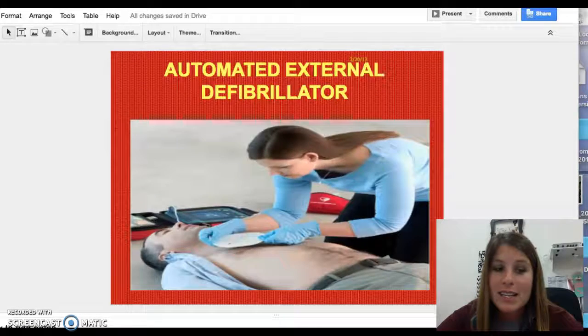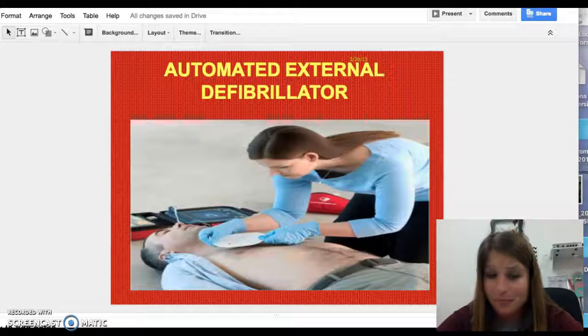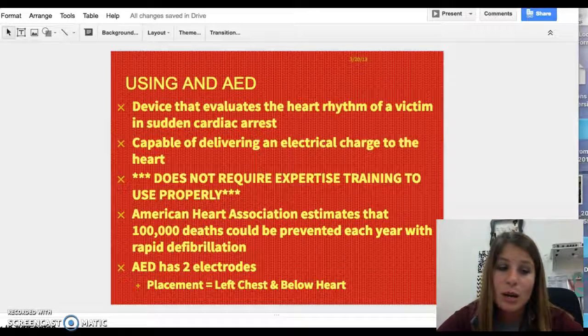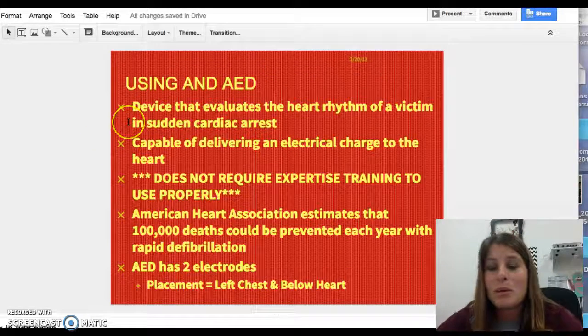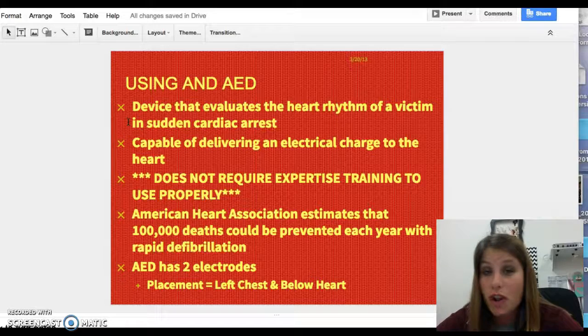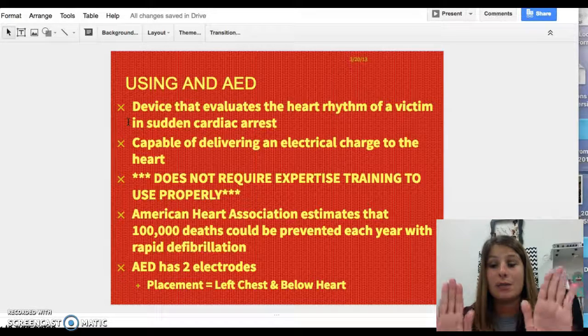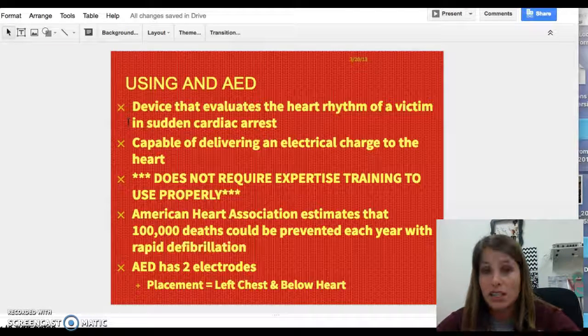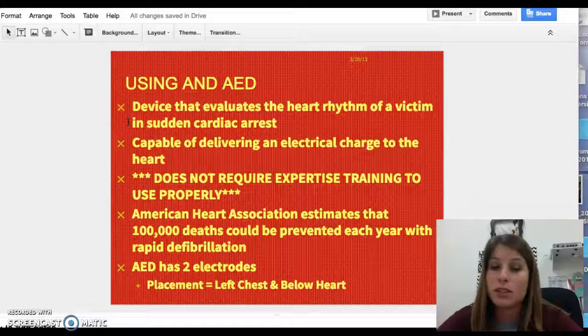The last part of this section is talking about using the AED. You'll see them everywhere you go, around the school, the mall, sporting events. They're pretty common now. What this device does is help restart the heart. It's an electrical shock that goes through these pads, which will send that electricity into the body and hopefully restart the heart.